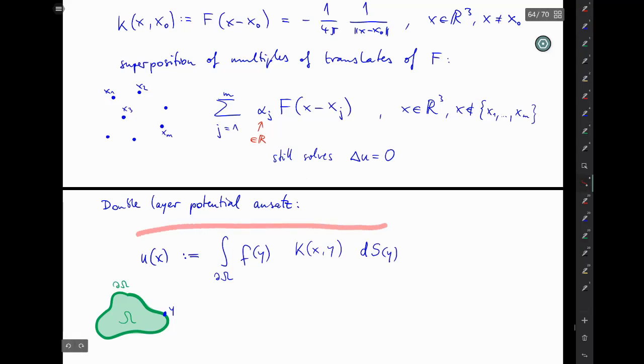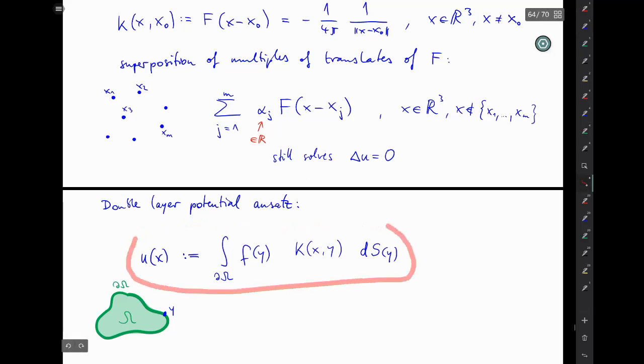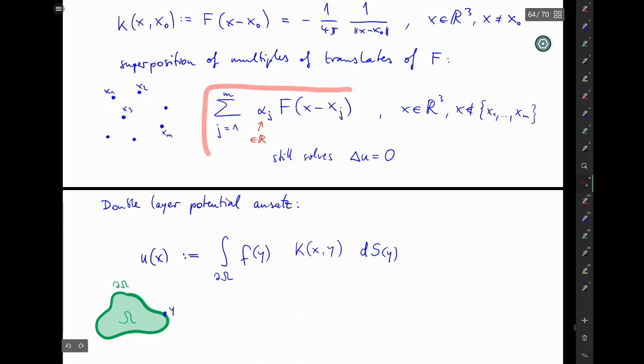And what you get here will still perfectly solve your Laplacian equation, because it's just a slightly heavier version of that guy here with infinitely many instead of finitely many points of translation.